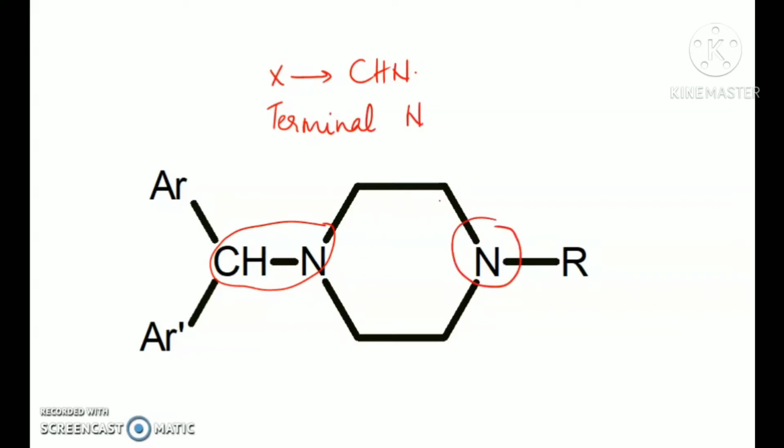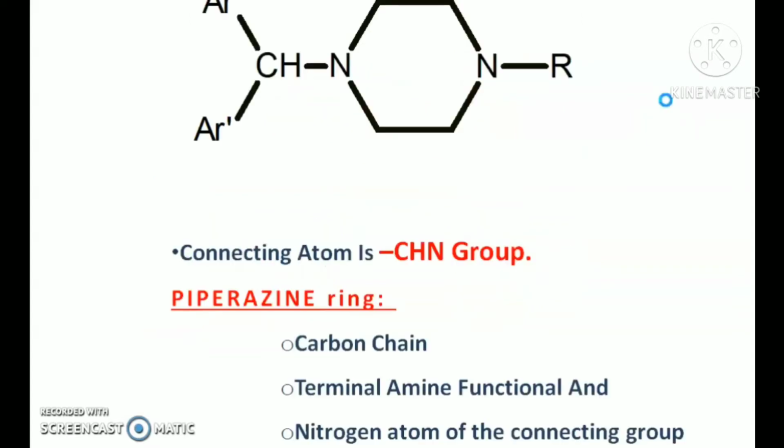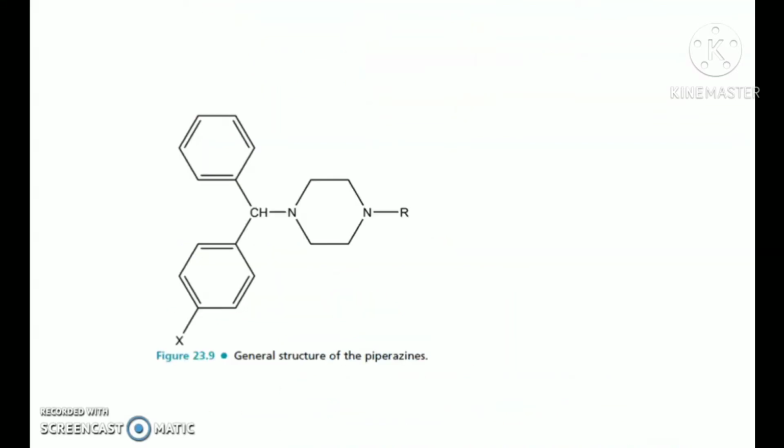So the three structural features, that is a terminal nitrogen atom, the ethylene bridge and the connecting atom N, form a part of the piperazine nucleus. These three structural features are present as a part of the piperazine ring.